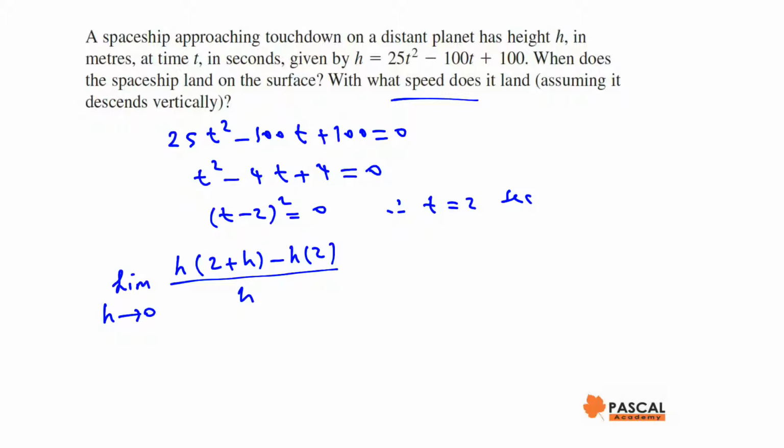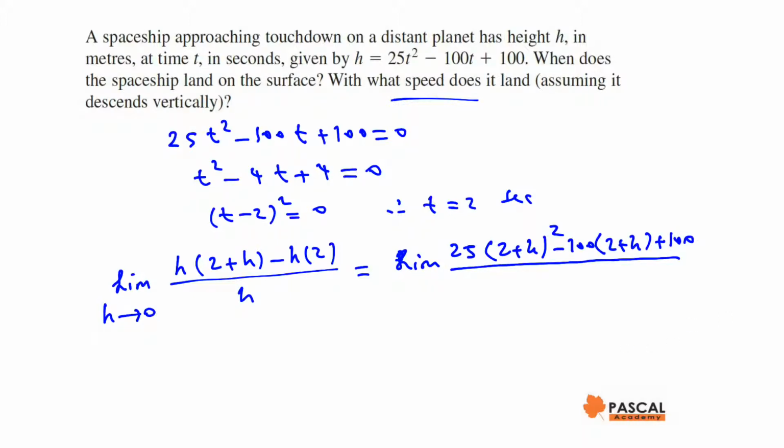By calculating this rate of change, we'll see the numerator is 25 times (2 plus h) to the power of 2 minus 100 times (2 plus h) plus 100 minus 0. h of 2 is 0, divided by h as h approaches 0.